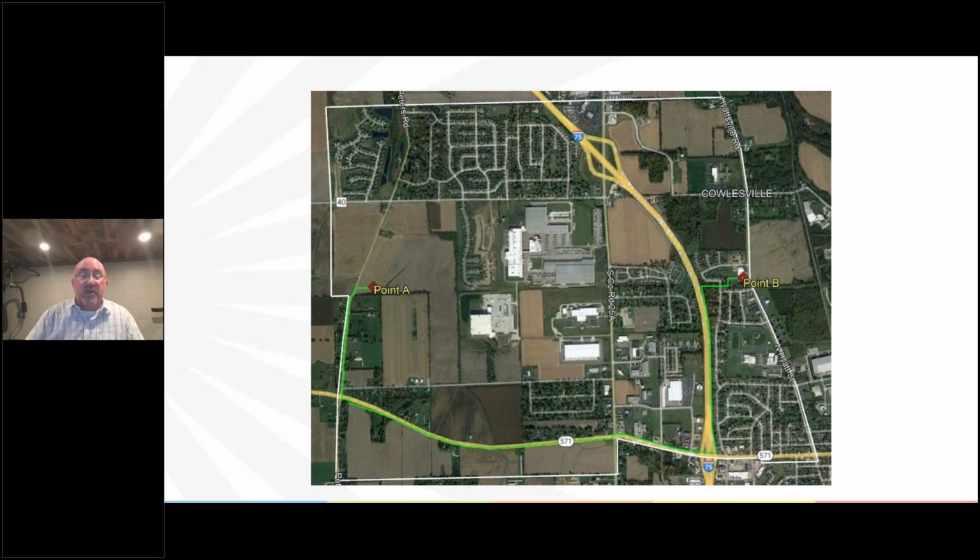Where 75 intersects with 571 down at the south, we would have had to go through a commercial area. That would have been fine, but trying to do a mile-long stretch next to a sound wall with all kinds of trees and in people's backyards, there would have been a lot of pushback.